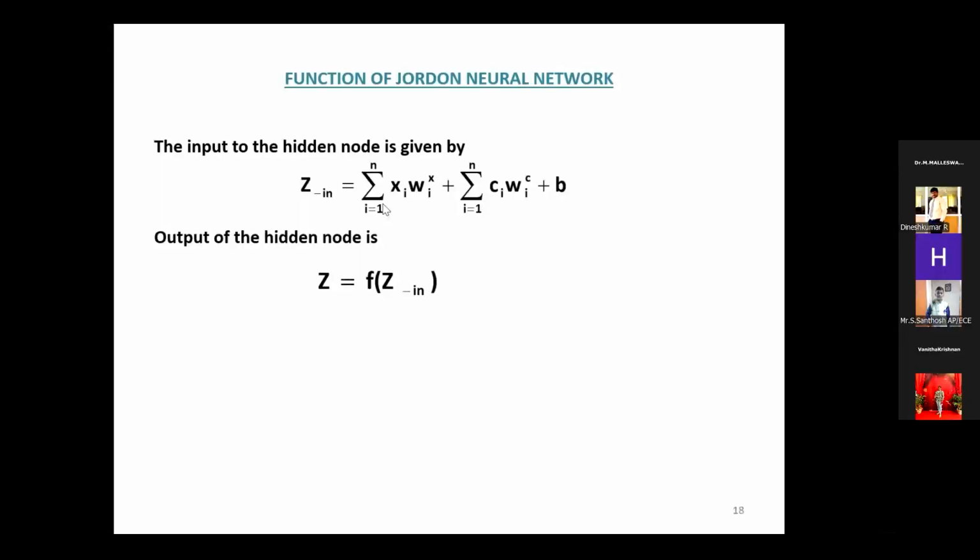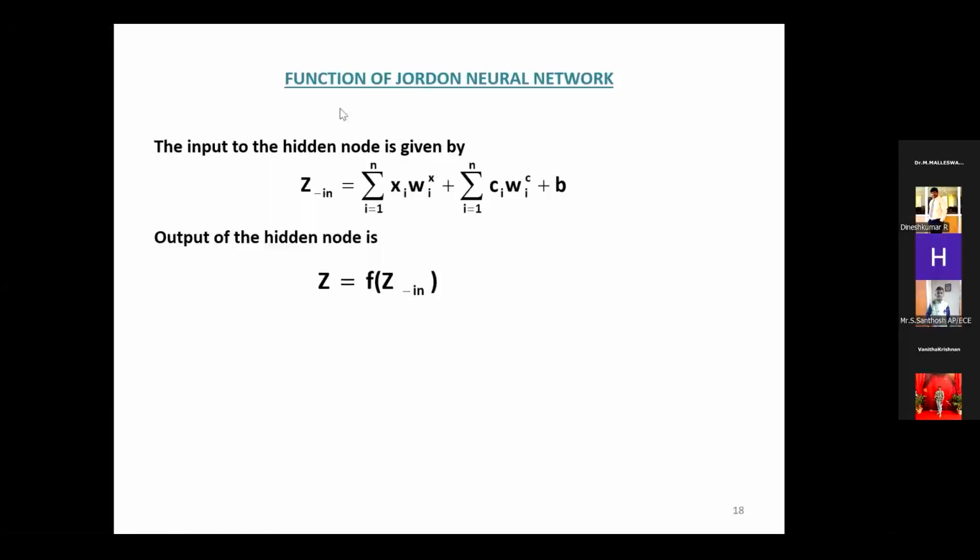The input to the hidden node is given here, as you all know, the Z input which is going to the hidden layer to a particular node is a summation of i from 1 to n of x of i, that means the input values which are coming to the input node, connected by the weight factors, which we have in the weight factor of your input node.